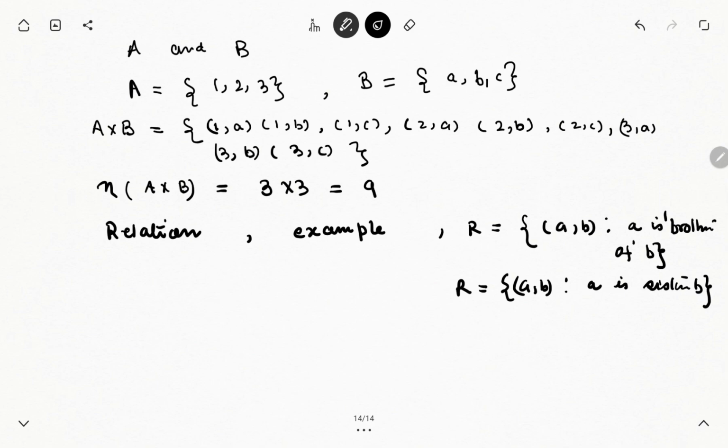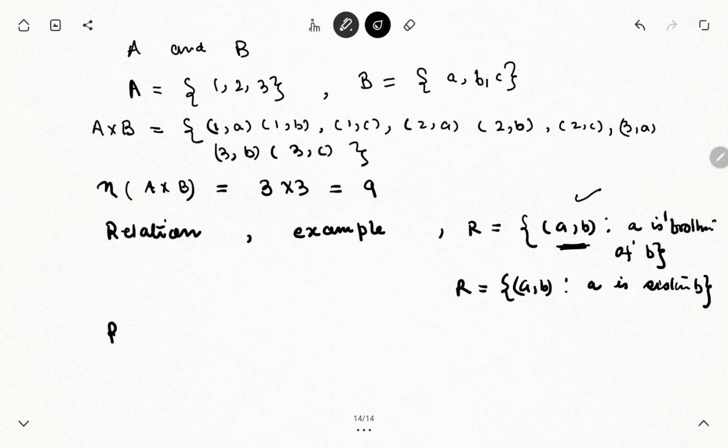So here in this chapter, especially we discuss about different types of relation and functions, right? Now, what is relation? Now see, R is a set of this type of element. These are the ordered pairs, right?